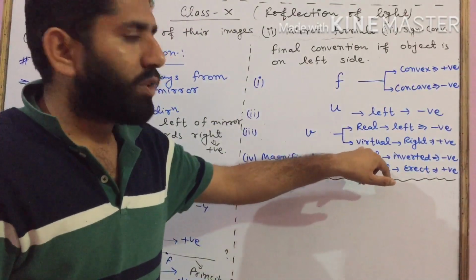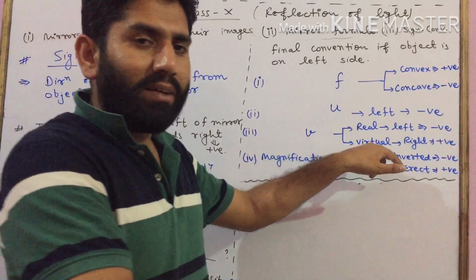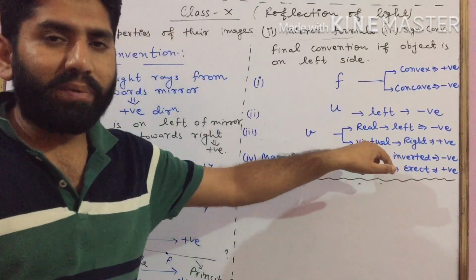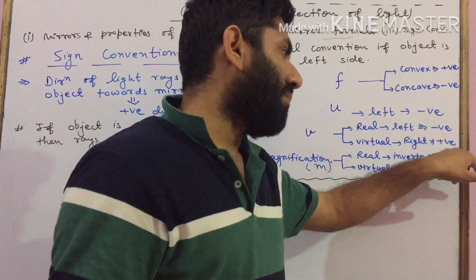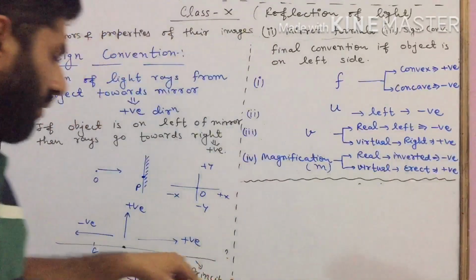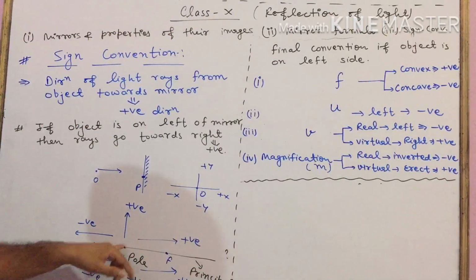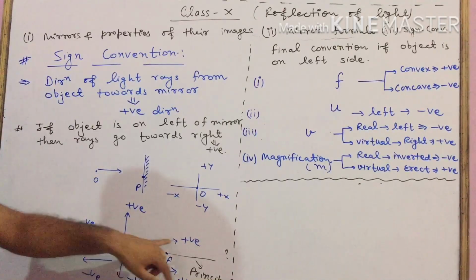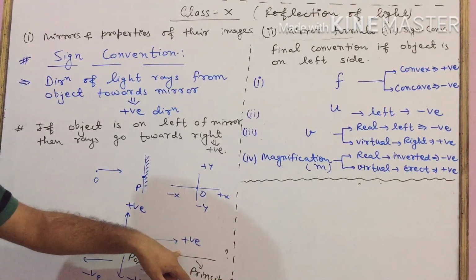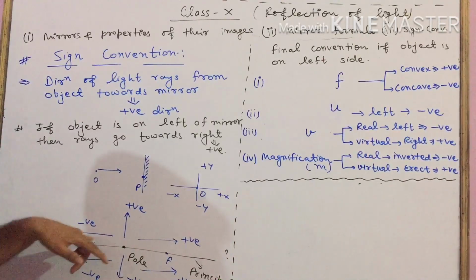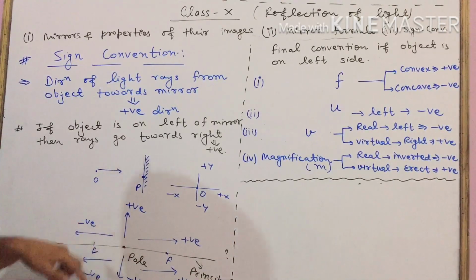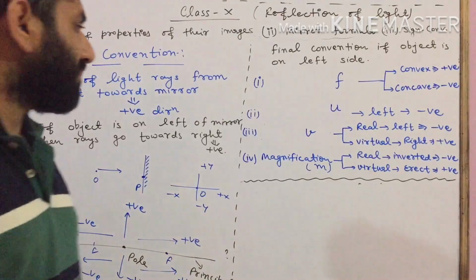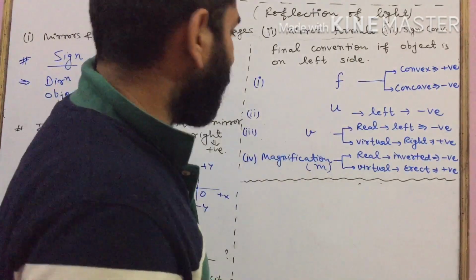And if the image formed is a virtual image, virtual images are formed behind the mirror, that means towards the right of the pole. So in that case, the image distance will be positive according to this convention. If the image is on the right side, then v will be positive. And if the image is towards left, which is the case when the image formed is real, the image distance will be negative. Okay, so this is the convention of image distance.